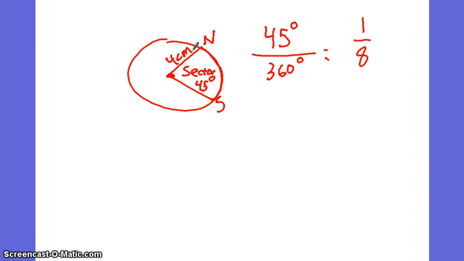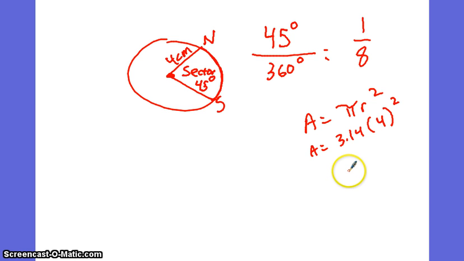So you need to know the radius. So area of the circle equals pi r squared. So A equals 3.14 times 4 squared. That's going to be 16 pi. And just to simplify, let's leave it expressed in pi.